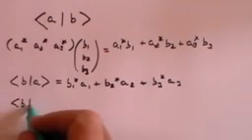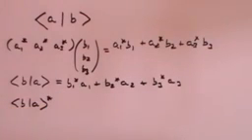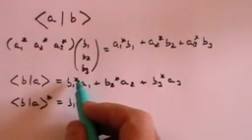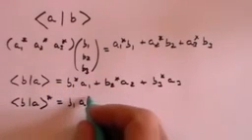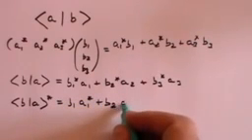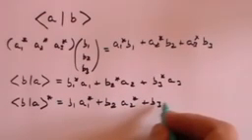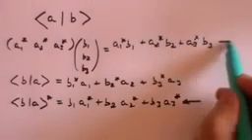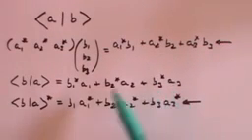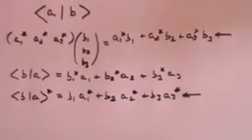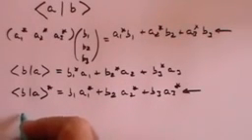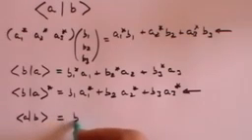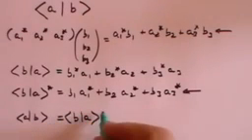If I now take BA and I complex conjugate it, I will get B1, because the complex conjugate of a complex conjugate gets you back to where you started, times A1 star plus B2 times A2 star plus B3 times A3 star. But that is the same as that, because the order of the numbers doesn't matter. And so we've just shown that AB is equal to BA complex conjugated.